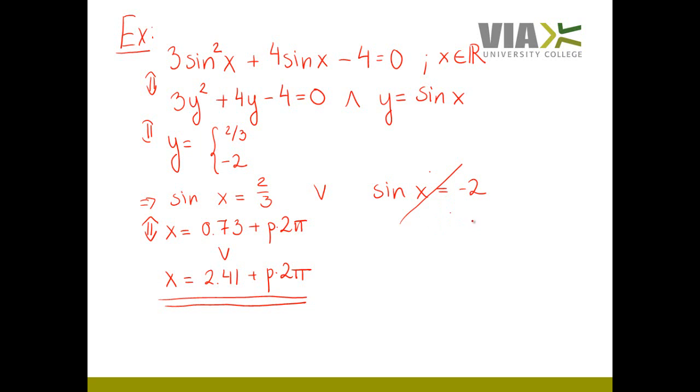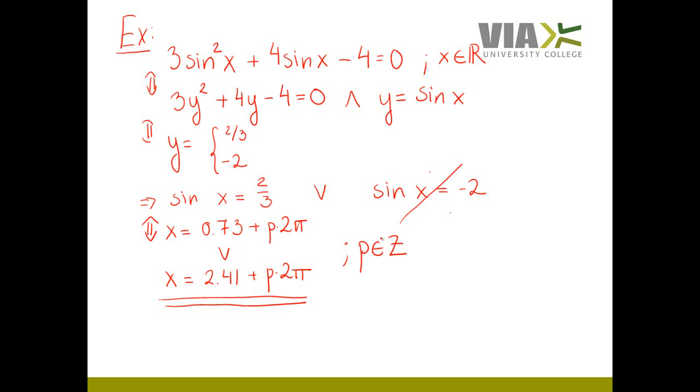So we actually only have two solutions to the initially given equation here, and that is x has to be either equal to 0.73 plus our period p times 2 pi, or x is equal to 2.41 plus p times 2 pi, and of course p has to be an integer.